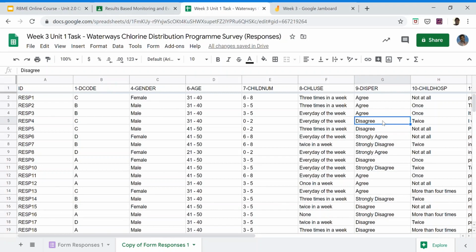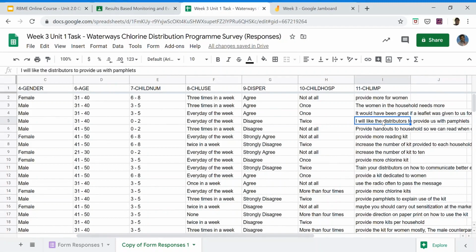That's another thing we can look at. And we can look at the frequency in which children visit the hospital. You can go further and do several cross tabs and all, but that's all we're going to do.